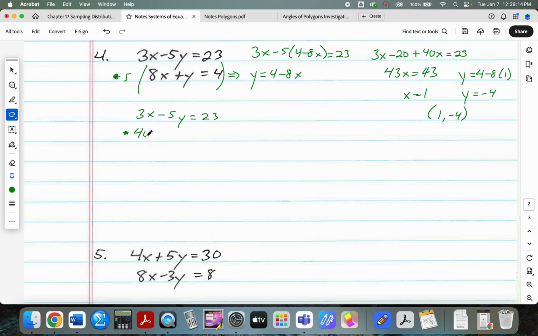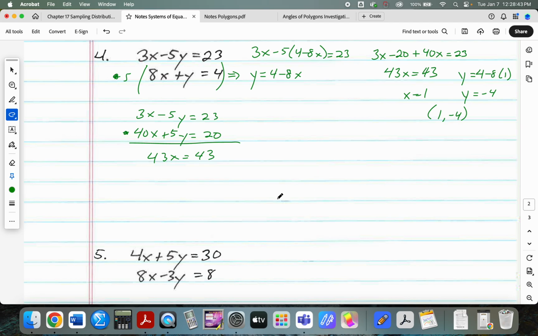And then I get 40x plus 5y is equal to 20. I get 43x is equal to 43. And again, we're back to where we were before. I think it's maybe slightly easier to do elimination on this, because it's maybe one less step.